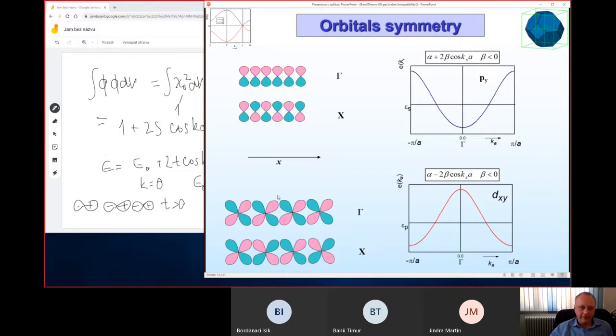These are really the simplest cases because the wave function is real. Each atomic orbital is either multiplied by 1 or minus 1 at the X point, or it is just the sum of atomic orbitals at the gamma point.